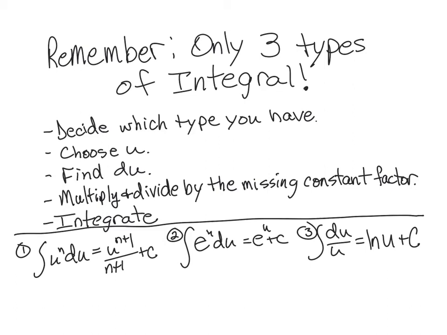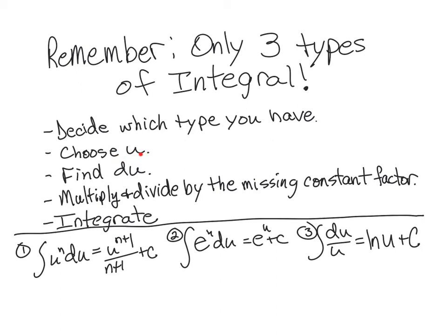Once you figure out that you have a power rule or an exponential or whatever it is, you're going to choose the U. If it's a power rule, U is the stuff in the blob. If it's an exponential, there's only one E in your problem, then U is the exponent. If you have a fraction and there's no power in the denominator, then the denominator is U.